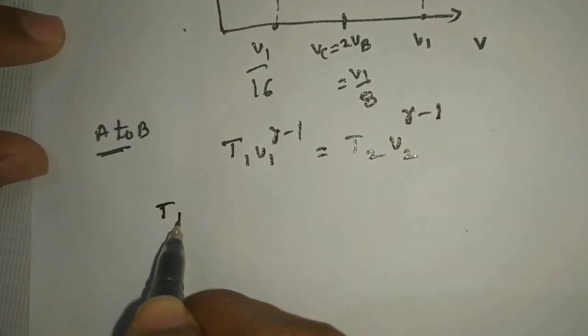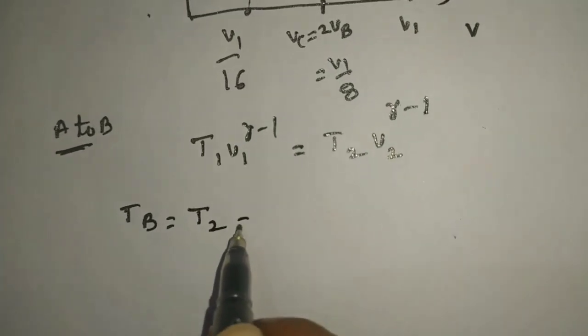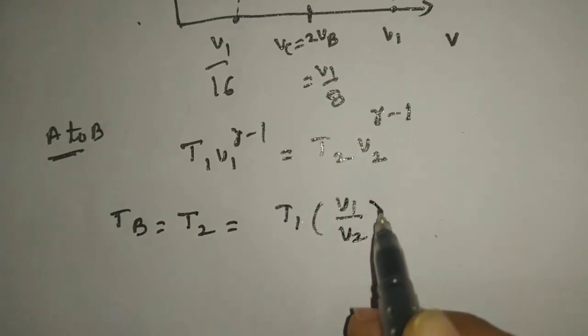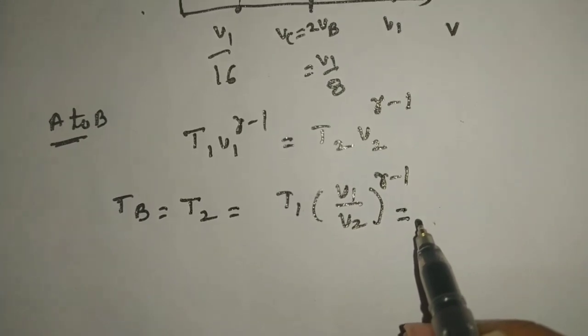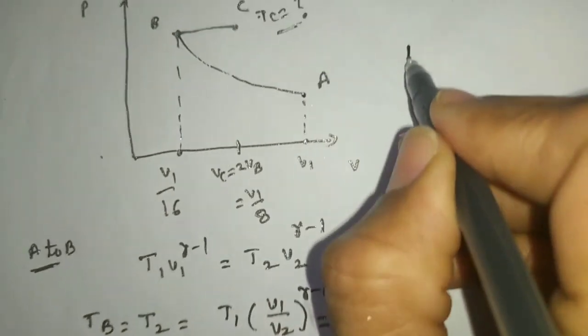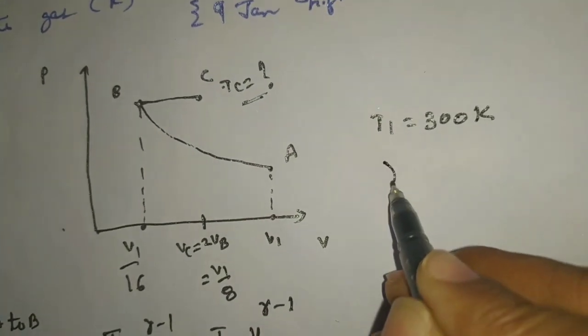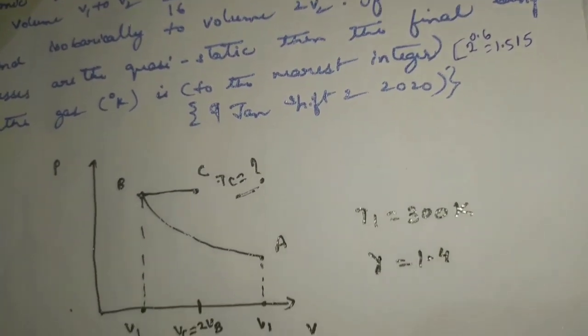So, temperature at B, that is T2, is equal to T1 into V1 by V2 whole power gamma minus 1. T1, the initial temperature, is given as 300 Kelvin in the data, as well as gamma is 1.4, since it is a diatomic gas. So, we are using this data here.